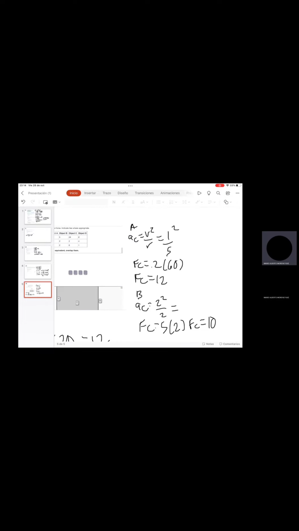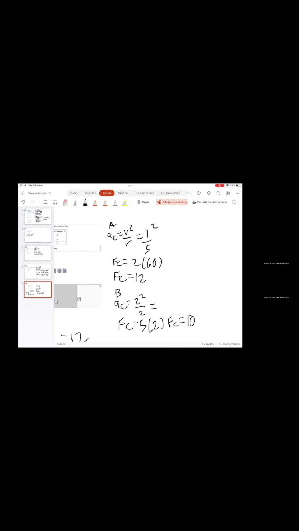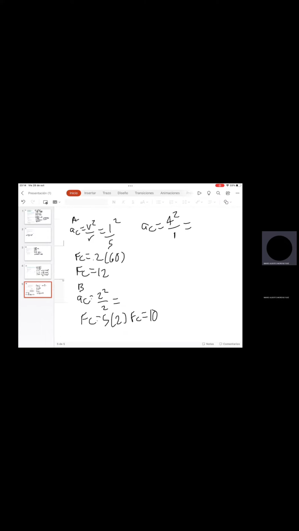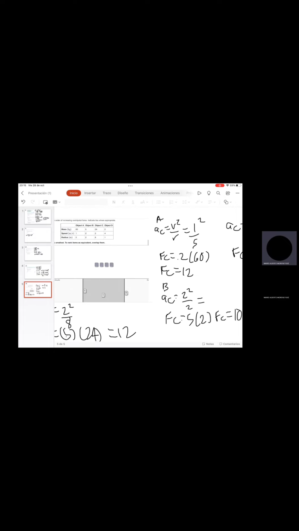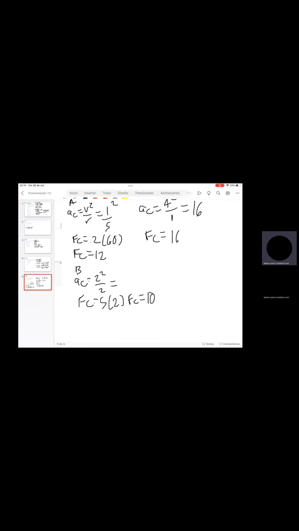And now finally, letter D has a speed of 4 and a radius of 1, so it will be like this, and it will be 16. And now force can be calculated with that 16 times the mass, that is 2.